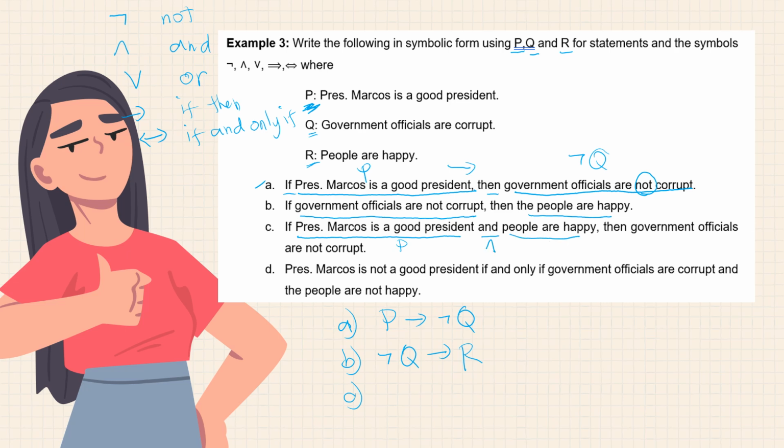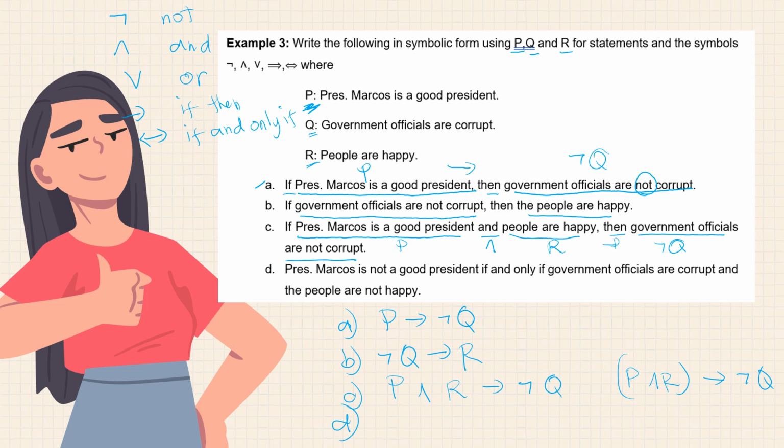People are happy, R. Then if and then, so government officials are not corrupt, that's not Q. So the symbolic form is: if P and R, then not Q. We can write it like this, or we can also write it with parentheses around P and R, then not Q.